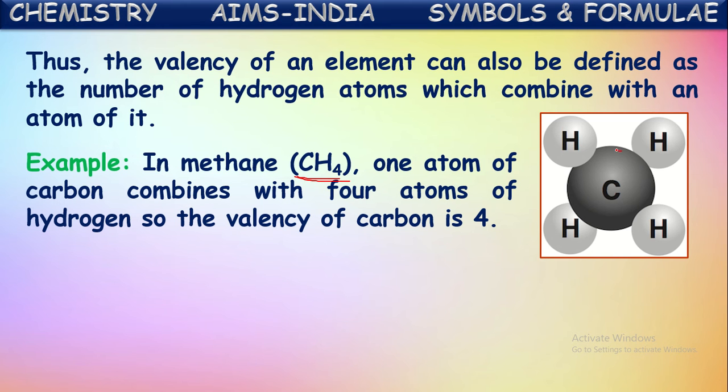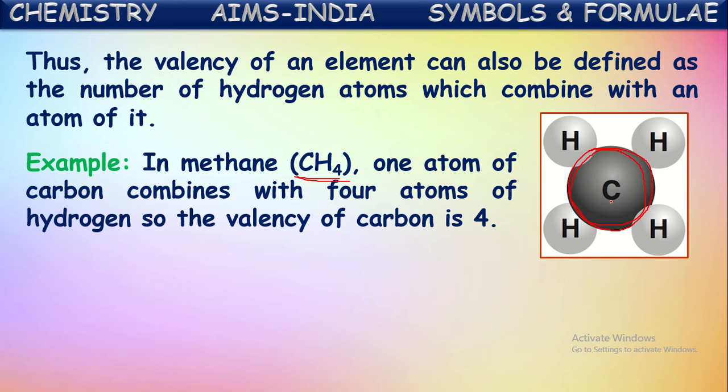Now we can say the valency of this atom which is combined with hydrogens is taken as 4. What is the atom called? Carbon. So now the valency of carbon is considered as 4. Did you understand? In terms of hydrogen, the valency is defined as the number of hydrogen atoms combining with one atom of that element.